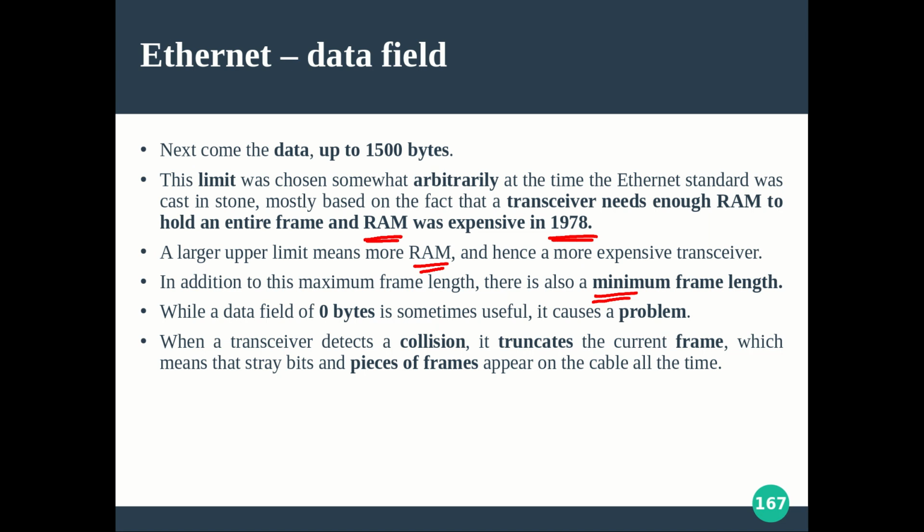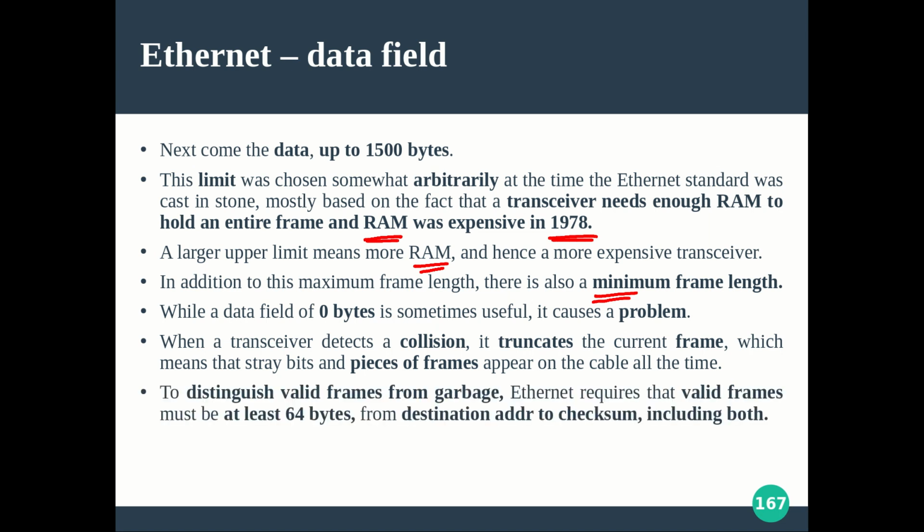And at that time the frames were getting collided, and that will truncate the current frame, which means that some stray bits and pieces of frames may also appear on the cable. Now the media should distinguish between the original frame and the collision fragments. We can call the one which results after a collision a collision fragment, and that is simply not a useful frame at all, right?